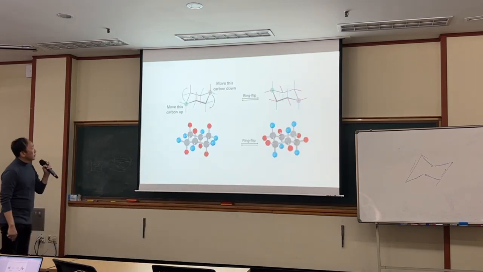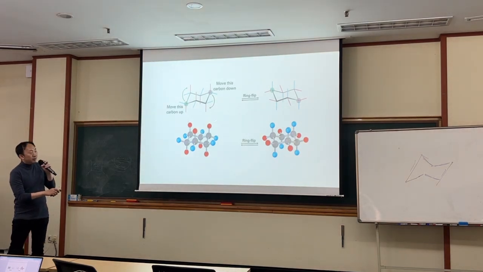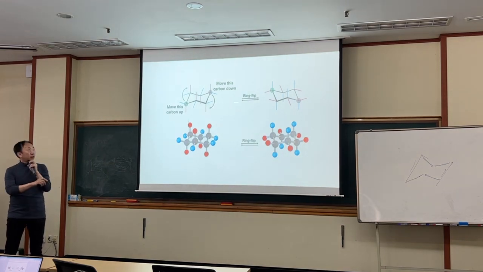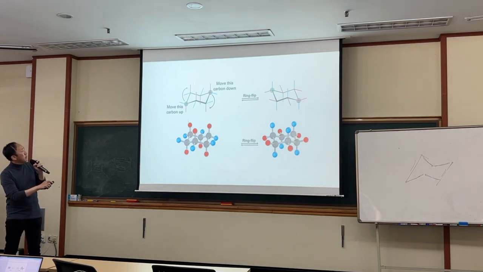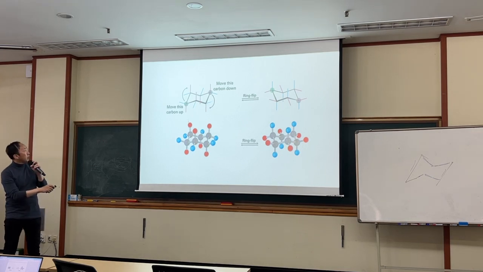Now here, one twist-boat conformation like this, then if this goes down, it may form an intermediate boat conformation, right? Going down like this, boat conformation. And if this goes up, then it is another twist-boat conformation, but up and down is a change. How do you know?